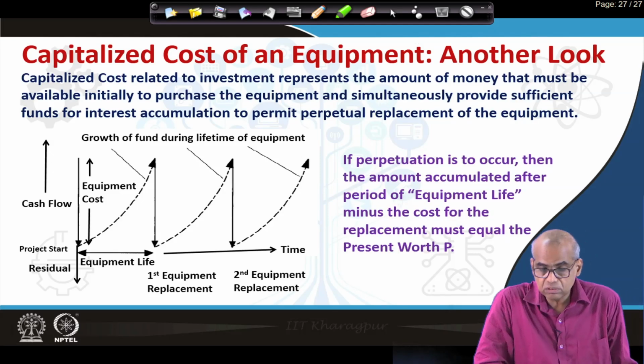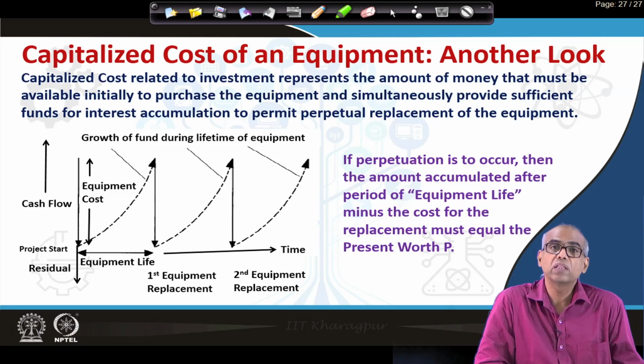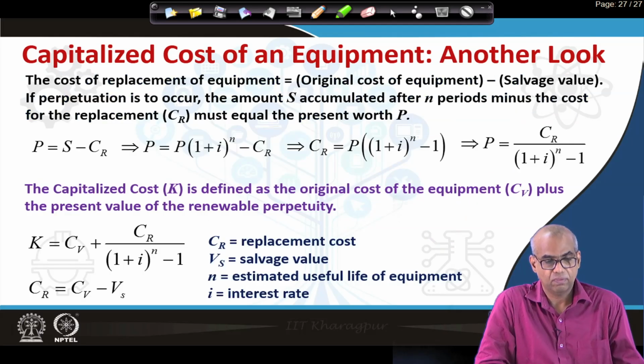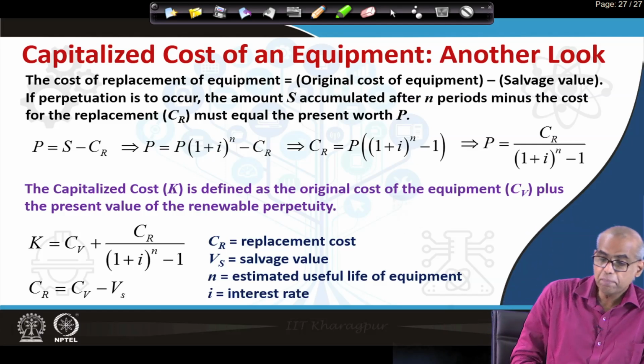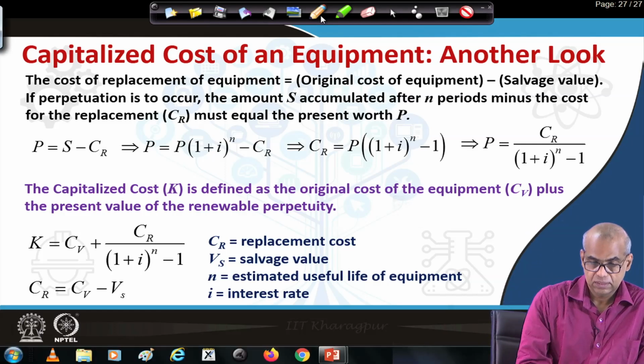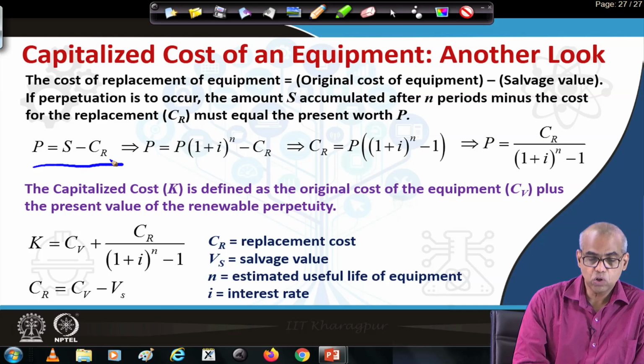So, if perpetuation is to occur, then the amount accumulated after the period of equipment life minus the cost of the replacement must equal the present worth P. The cost of replacement of the equipment will be the original cost of the equipment minus the salvage value. So, the present worth P will be the amount accumulated minus the cost of replacement.